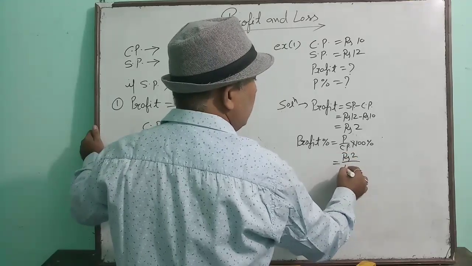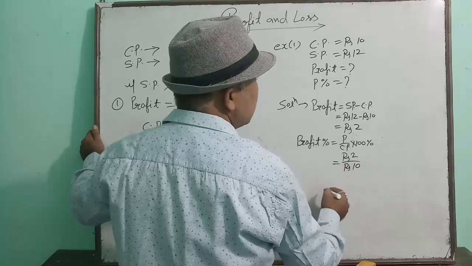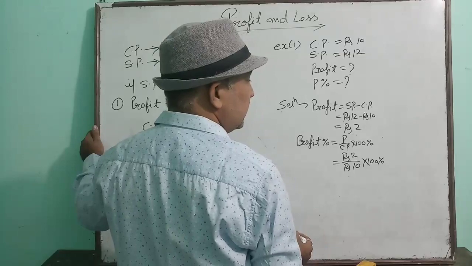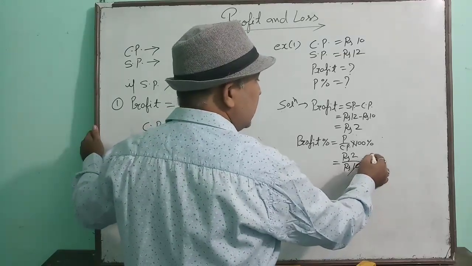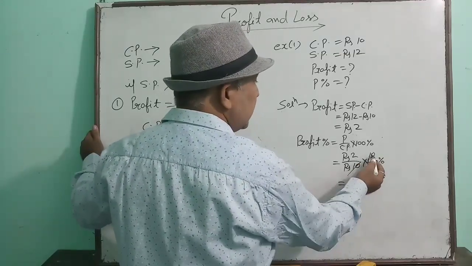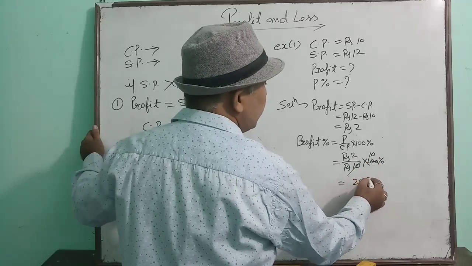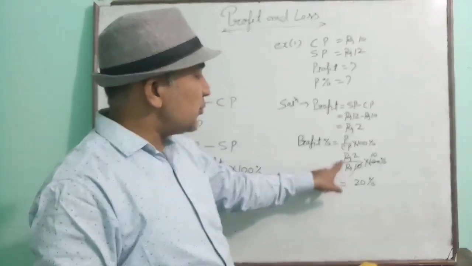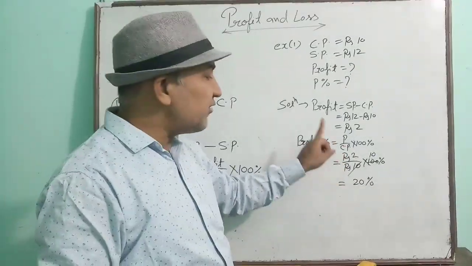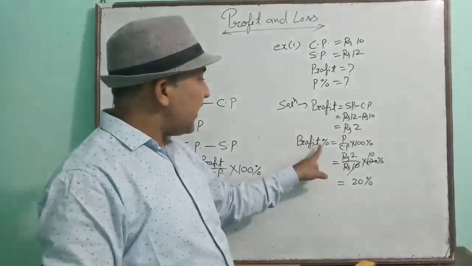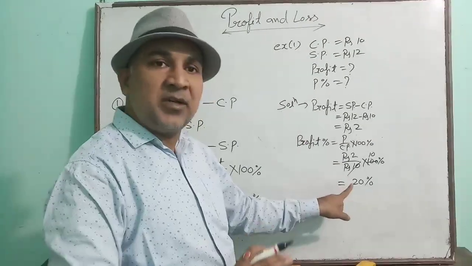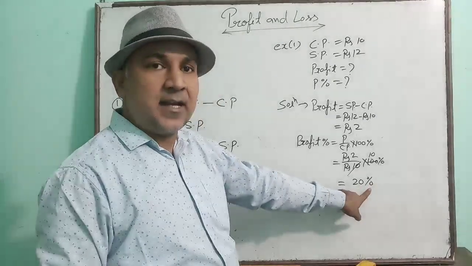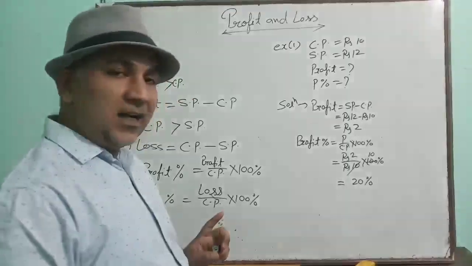Profit is rupees 2, cost price is rupees 10, into 100%. Dividing 100 by 10, 10 times 2 is 20. 20% is the answer, because rupees are also cancelling each other, so there will be no unit. When you are finding profit percentage, there will be no unit with your answer, only the simple number and percentage sign. So 20% is your answer.